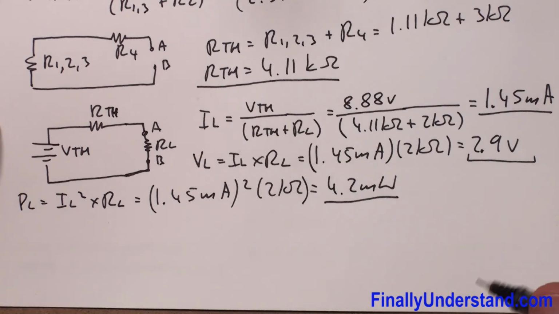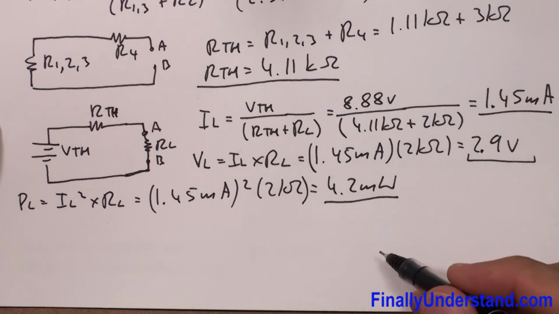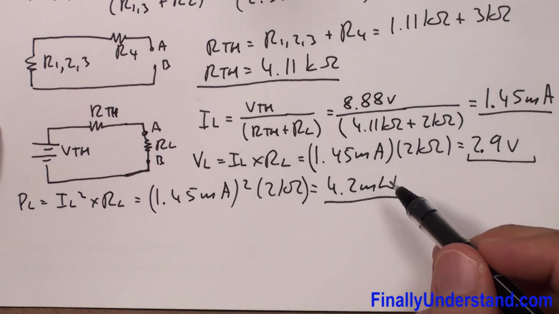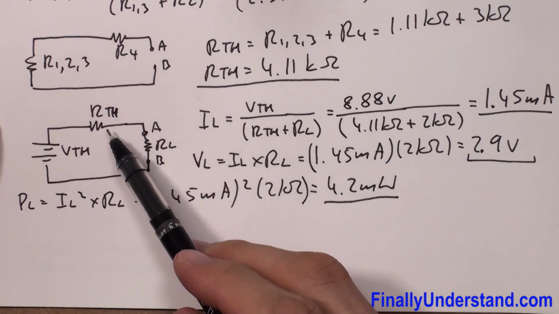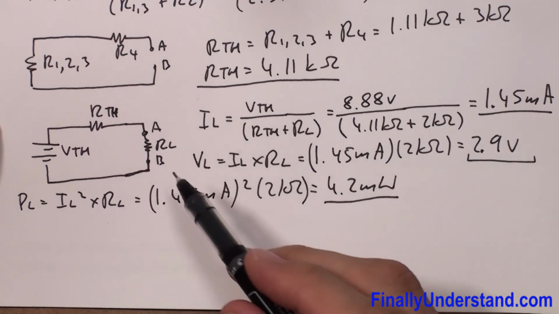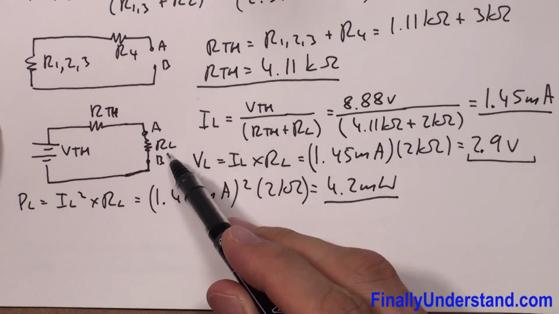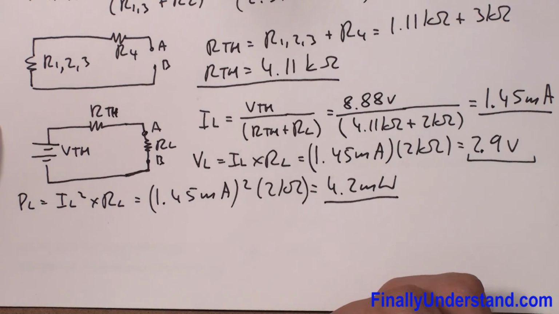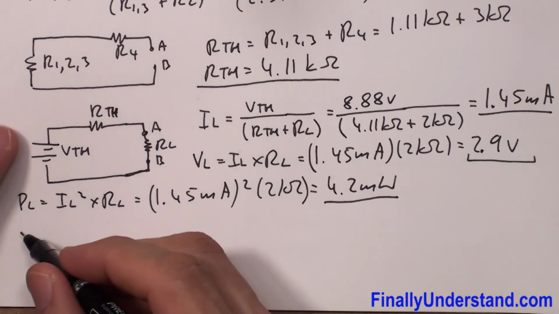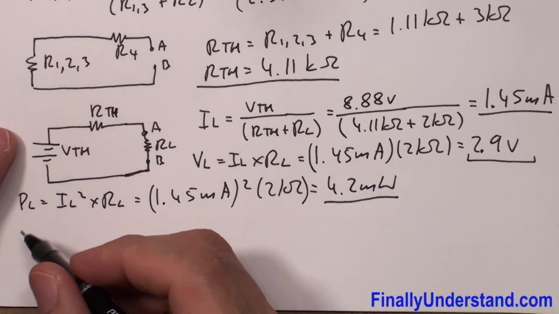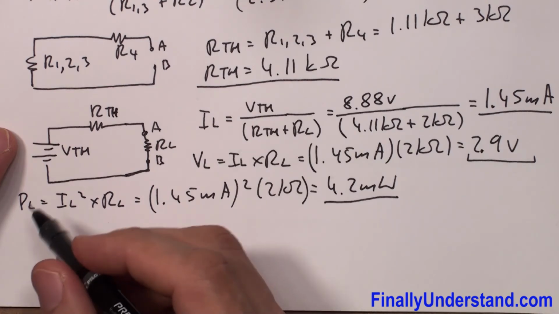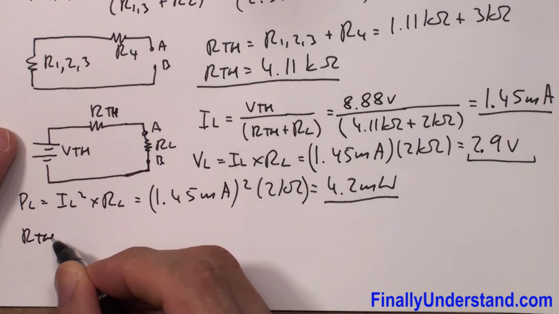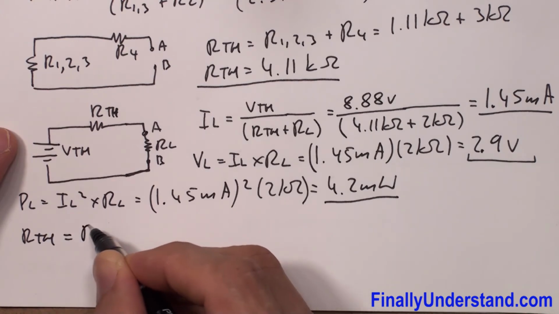When we have maximum power at the output, you will always get it when the Thevenin's resistance is equal to the load resistance. So at this condition you are going to have the maximum power at the output. So you're supposed to make sure that RTH is equal to RL.